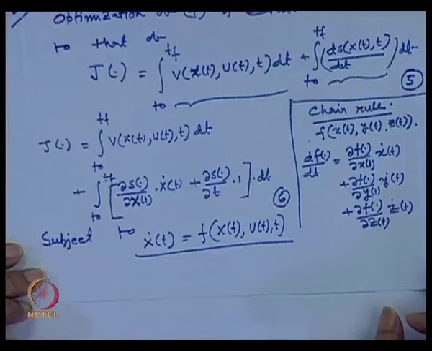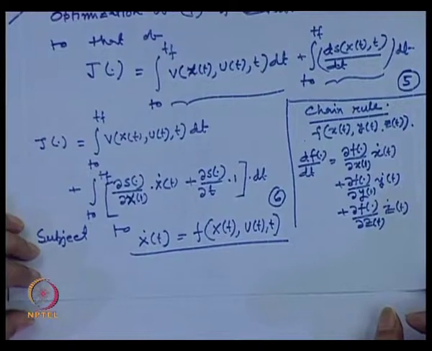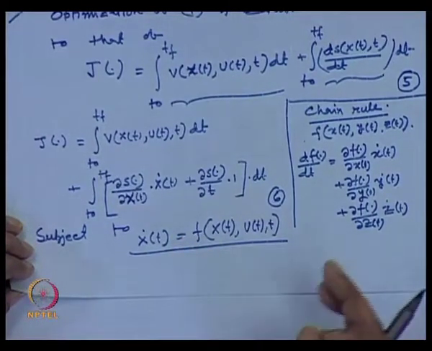We know very well, in static optimization problems also, we have seen how to convert a constrained optimization problem to an unconstrained optimization problem. And then what we have discussed in calculus of variations is our first problem, that if you have a functional J, whose integrand is V of x(t), x dot of t, t dt, then we know how to optimize that function.